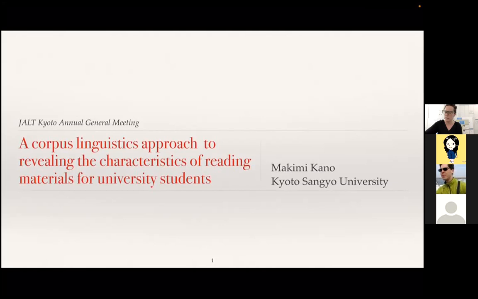I'm a corpus linguist. So my goal today is to give you a better understanding of corpus tools so that you can make use of them in making your material or assessing your classroom materials. A corpus is a collection of text that has been sampled and stored from the actual language, as you probably know.